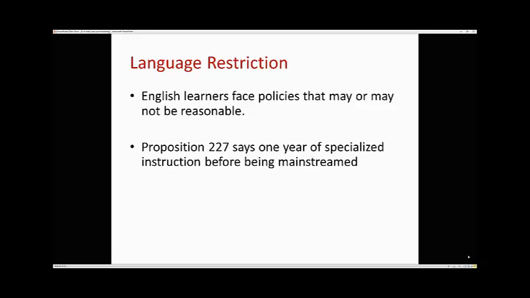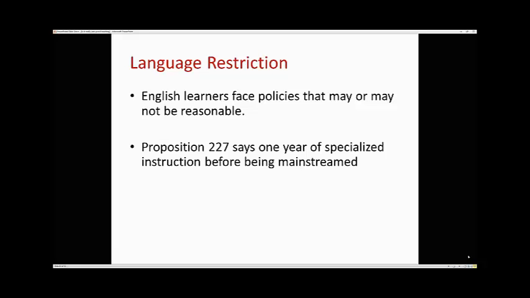And so we do not impose these types of restrictions really on anyone other than your EL population. And I think that this is a difference, and it's a law, so we have to certainly comply with it. And that's the way that it is. Now, whether or not it's reasonable is another matter.